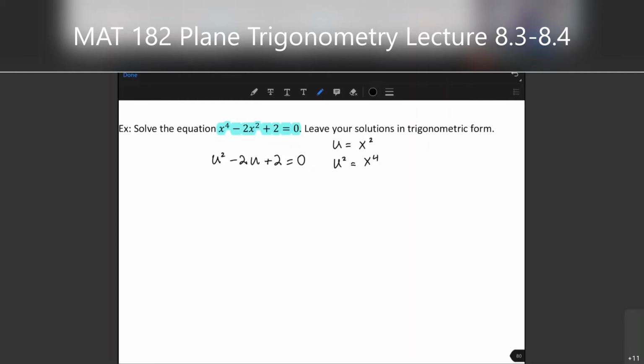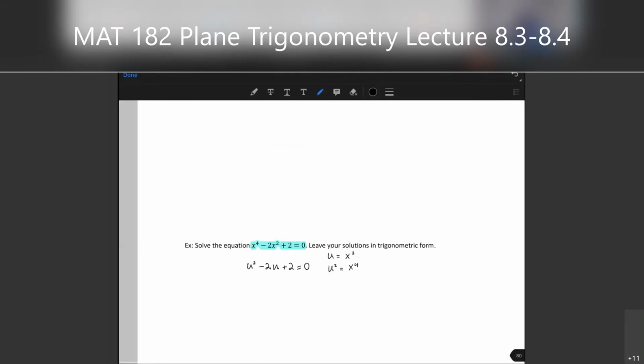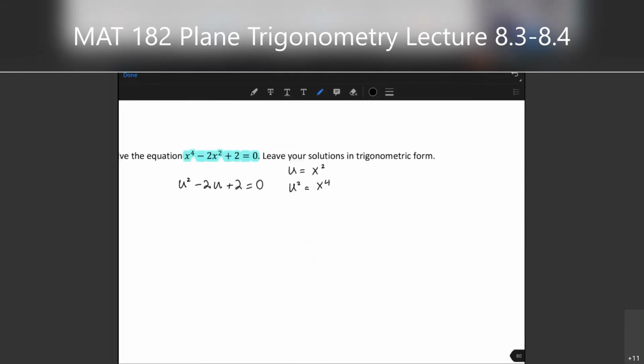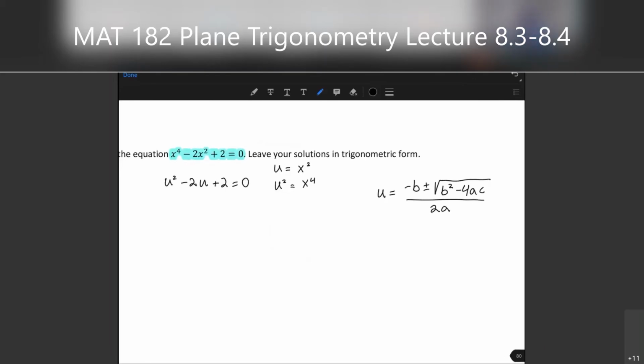Looking at this new equation, the u equation, this still doesn't look like it's going to factor. So I think I do still need to go through the quadratic formula one more time. I don't need to write it down again on the side. In this case, we'll have u is equal to negative b plus or minus the square root of b squared minus 4ac, all over 2a. And so we'll try to work that out with the u equation here.